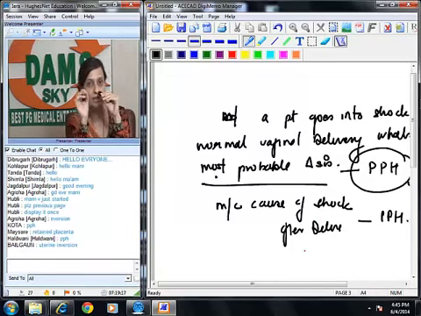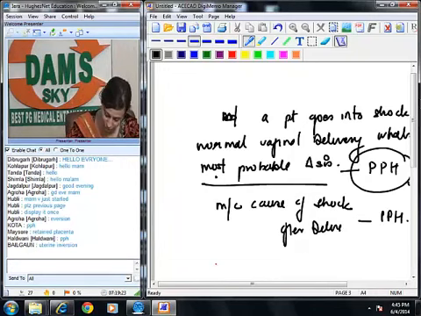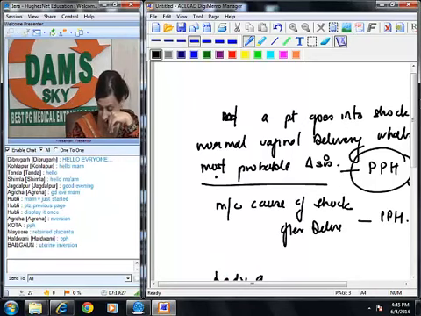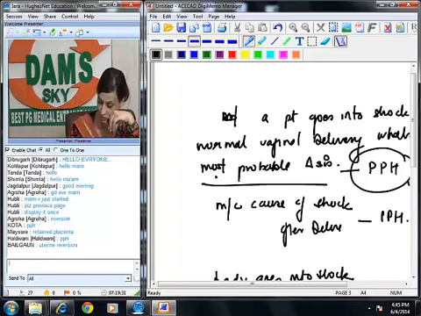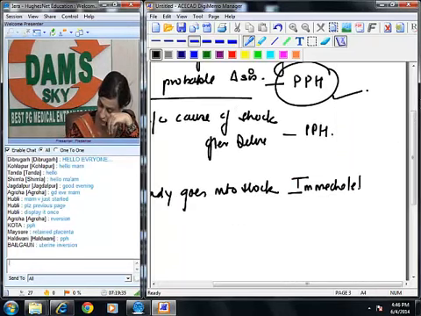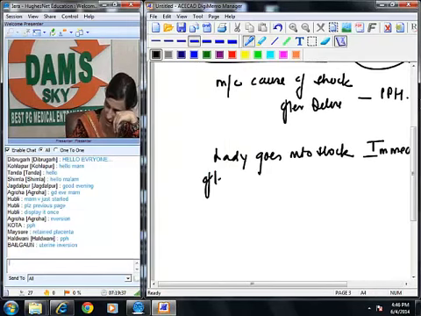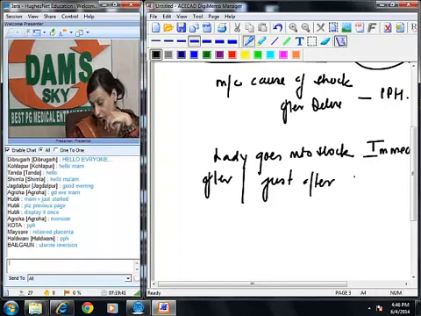Now, what should be written in the MCQ such that we change the answer to inversion? What some of you are writing. The question would change as, a lady goes into shock immediately after or just after delivery.